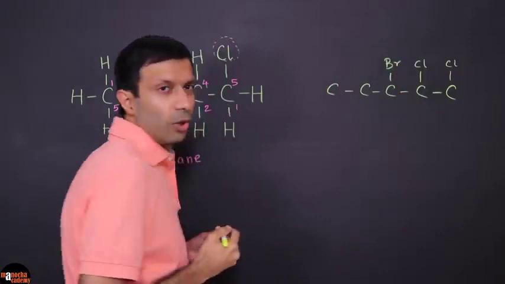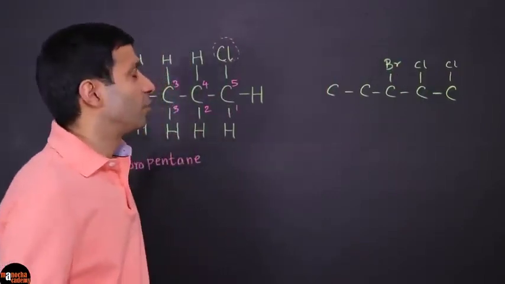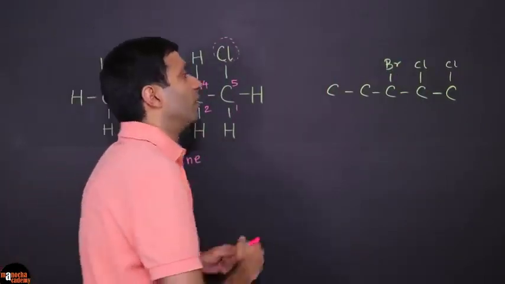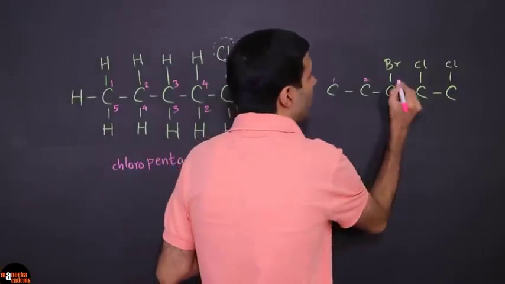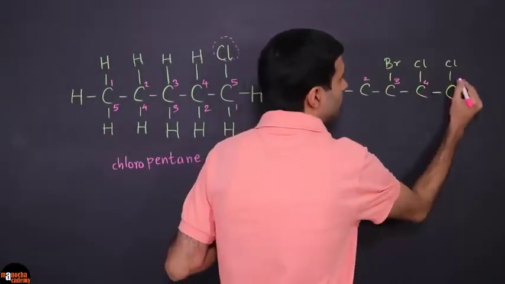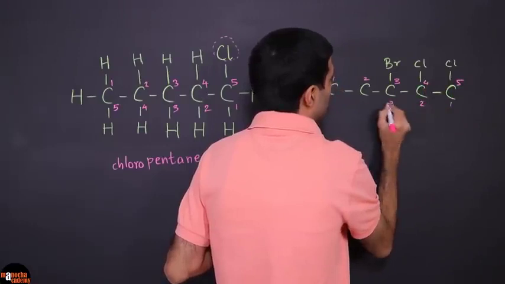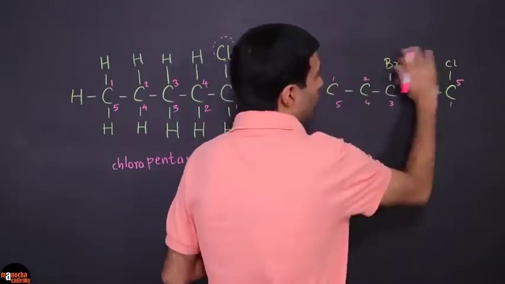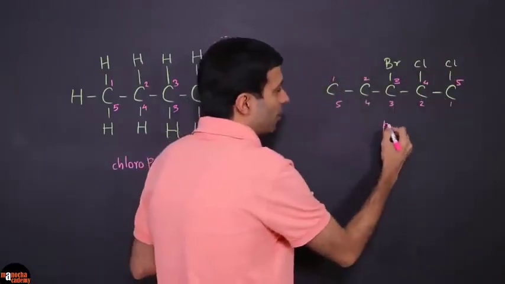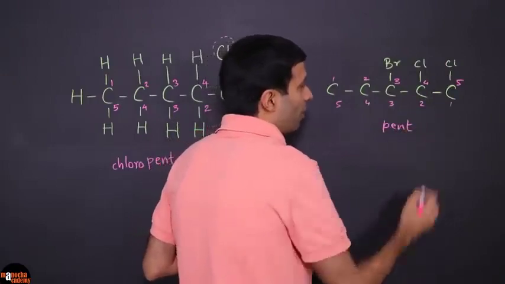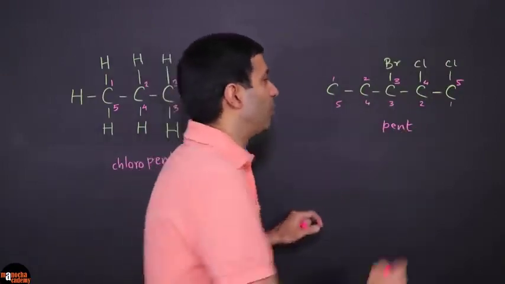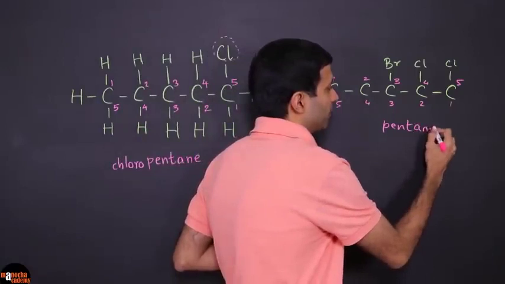I'm not drawing all the other hydrogens. So again, we'll number our carbon chain forward and backwards. So it's 5 carbon. We'll ignore this for a moment. So that's the simple way to do it. So you'll have a pent and only single bonds, pentane.